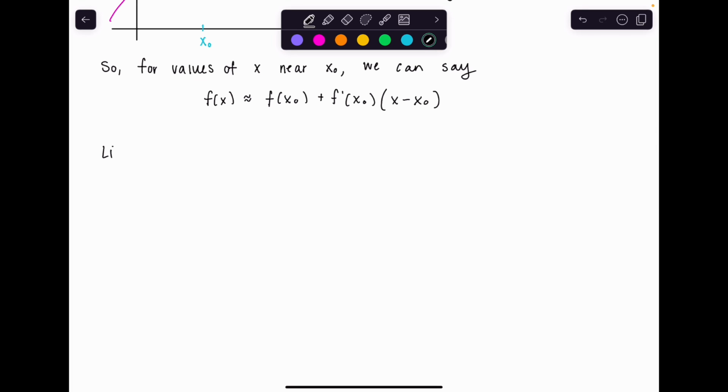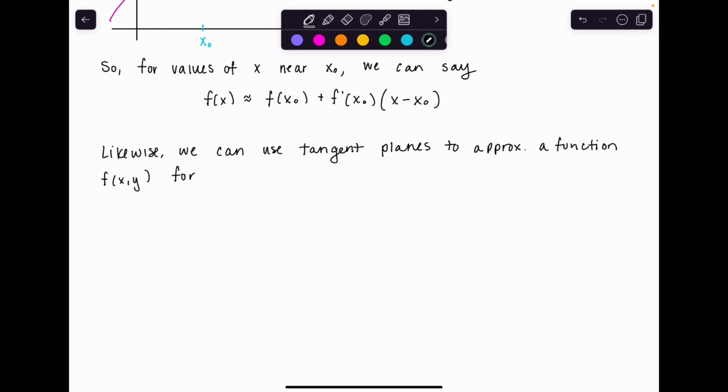So likewise, we can use tangent planes to approximate a function of two variables, for these points x, y, near the point of tangency.